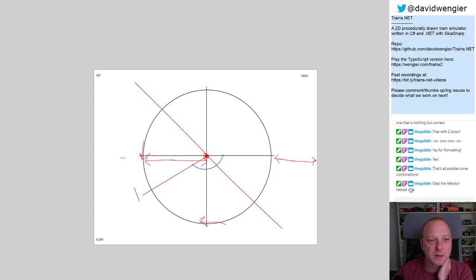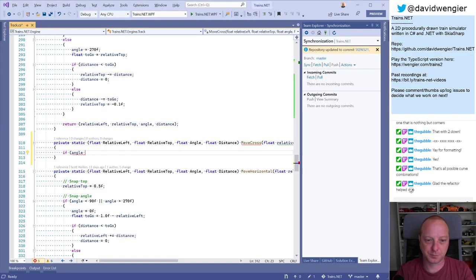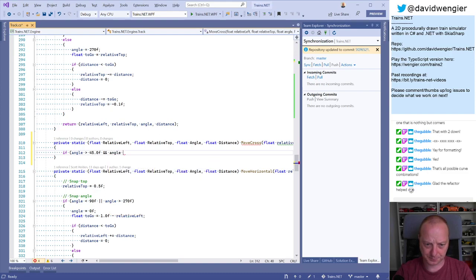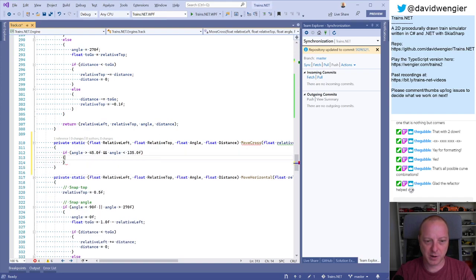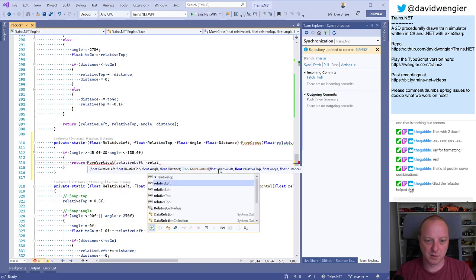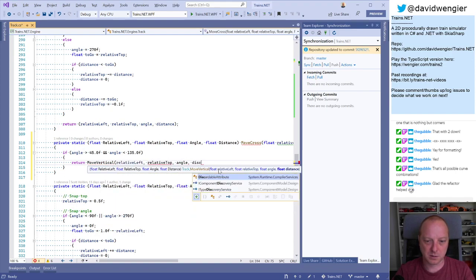Here we essentially want, if the angle is between 45 and 135, then we're coming in from the bottom, and we should just be able to go turn, move vertical, relative left, relative top, angle, distance.